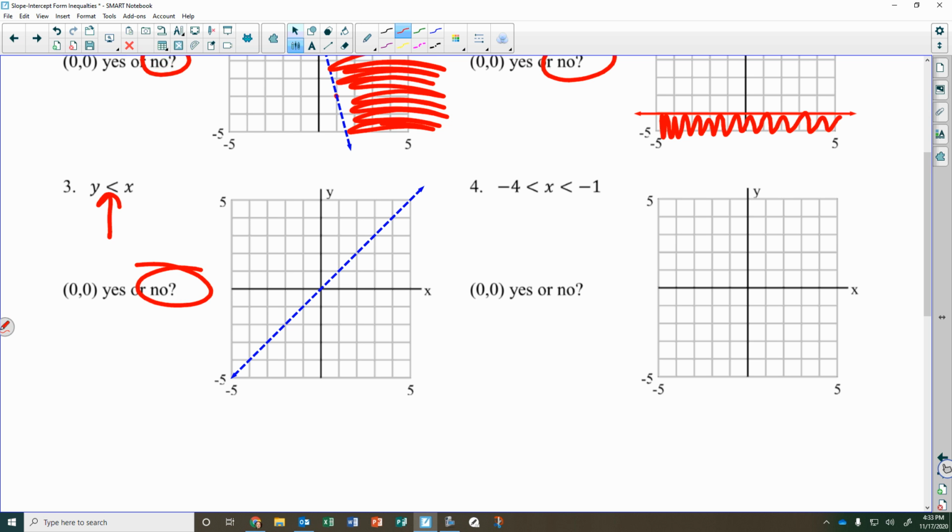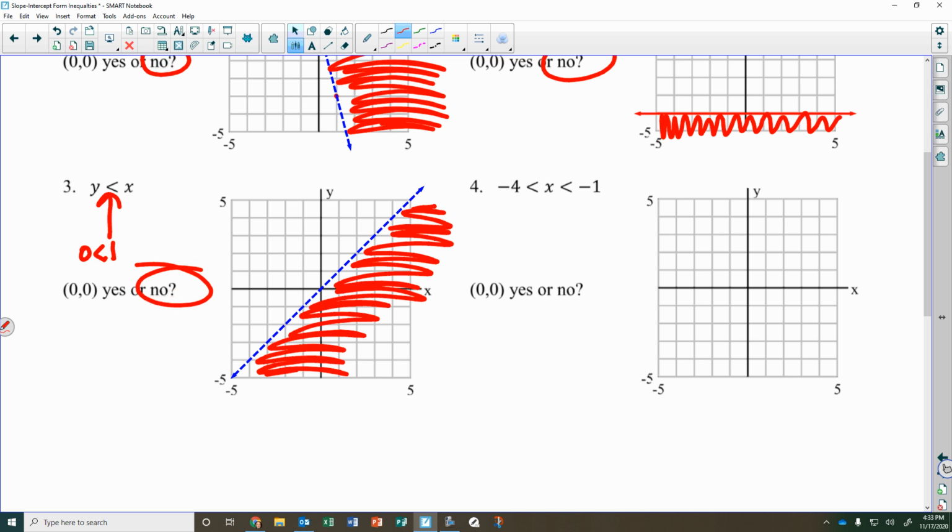No, we can't. So let's test a point that's not on the line. How about this point right here, which is 1, 0. 0 for y, 1 for x. If I plug in a 0 for y and a 1 for x, is 0 less than 1? It sure is. So you would know that this side of the line is shaded. If you can't remember your rules about shading above or below, look at that.